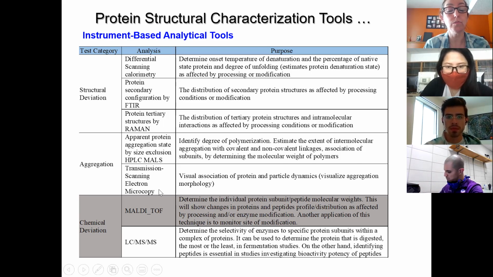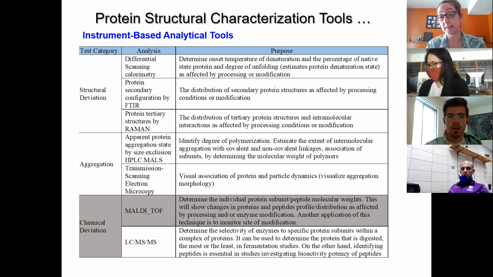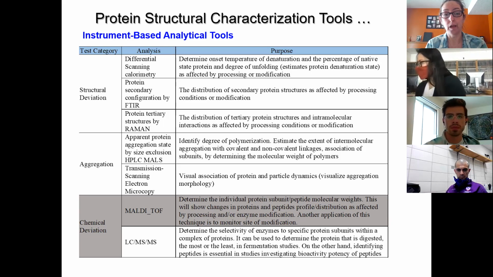So we can also use microscopy. I don't know if I talked about that last time, but SEM looking at morphology, or also we can do CLSM, which is confocal laser scanning microscopy, where we can stain the constituents of the sample.